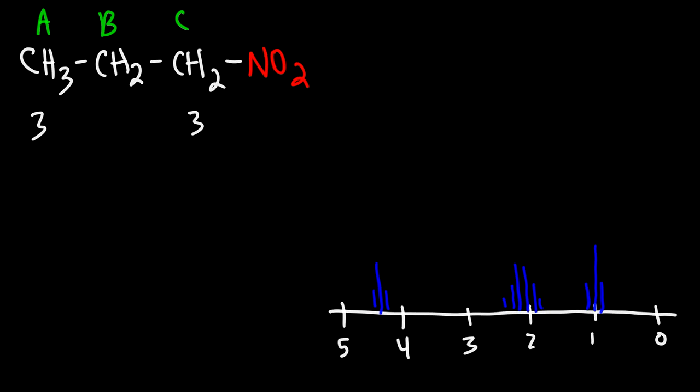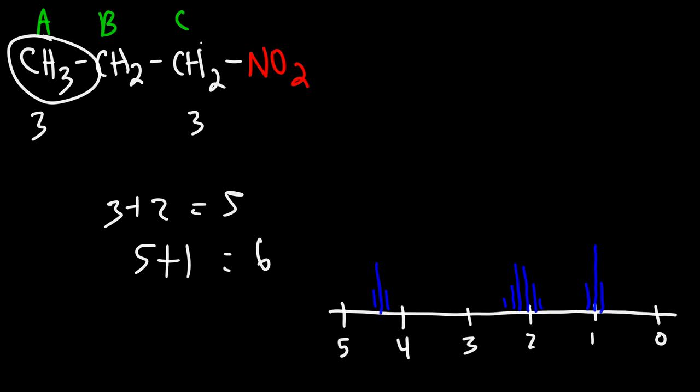And if we look at the adjacent protons, we have 3 on the left, 2 on the right. So 3 + 2 is 5. Using the N+1 rule, 5 + 1 is 6. Now, this is basically a simplified version of the N+1 rule when you're looking at 2 different types of protons.